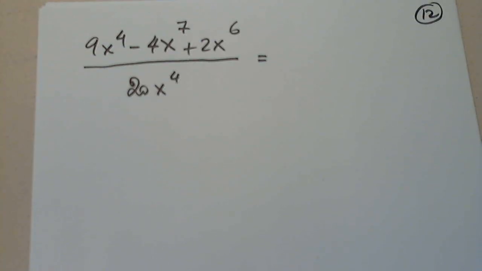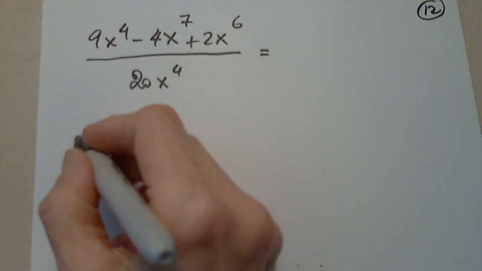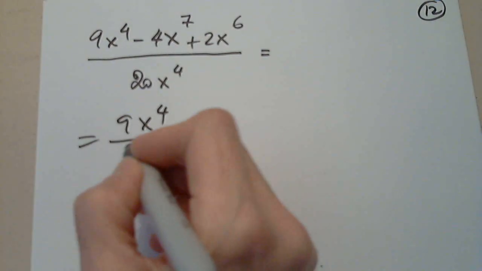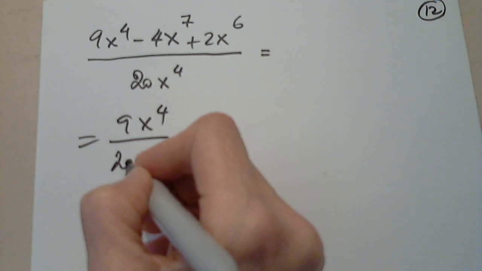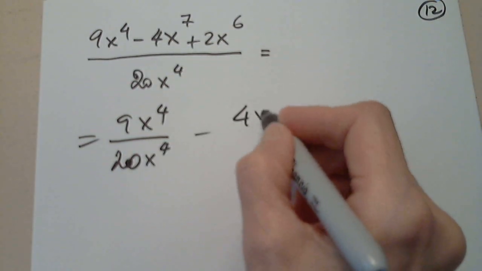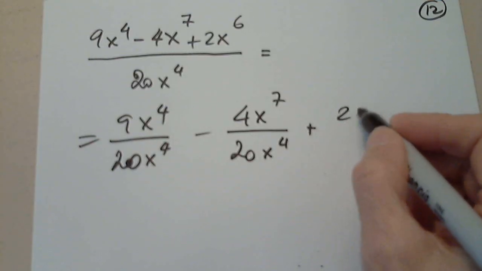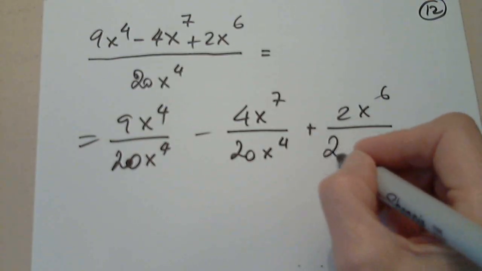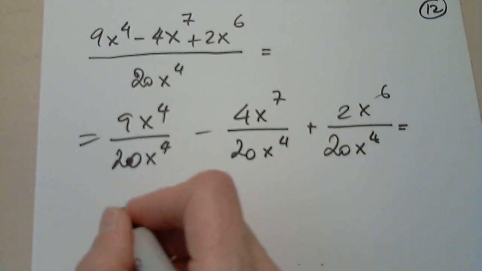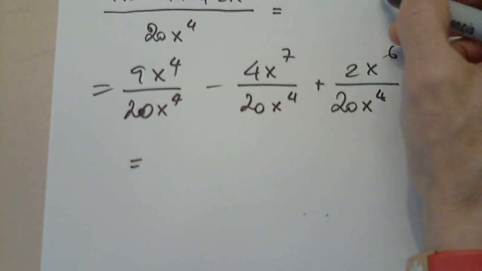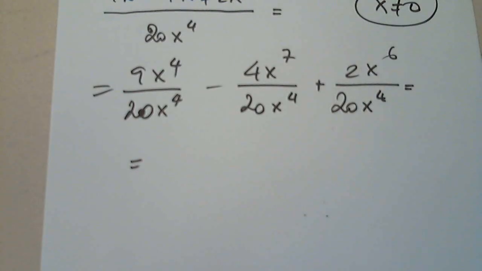So if we use option 1, then we have 9x to the 4th over 20x to the 4th minus 4x to the 7th over 20x to the 4th plus 2x to the 6th over 20x to the 4th. After simplification, and of course, this is the restriction, a mandatory restriction on x. Please tell me how you simplify each fraction.